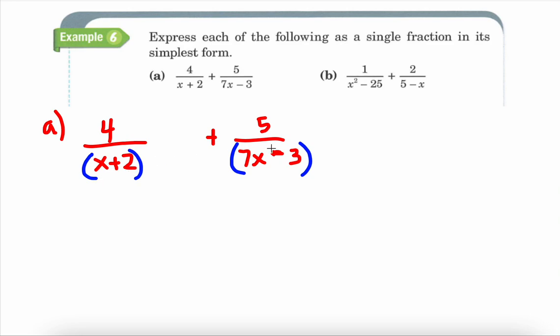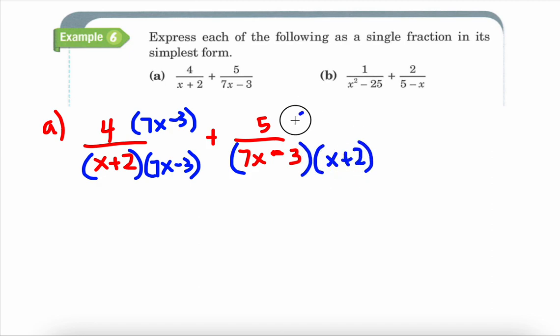So x plus 2 would be multiplied by 7x minus 3. This will also be multiplied by 7x minus 3. This second fraction will be multiplied by x plus 2. Remember, top and bottom. So x plus 2 is multiplied top and bottom to the other fraction. 7x minus 3 is multiplied top and bottom to the first fraction.